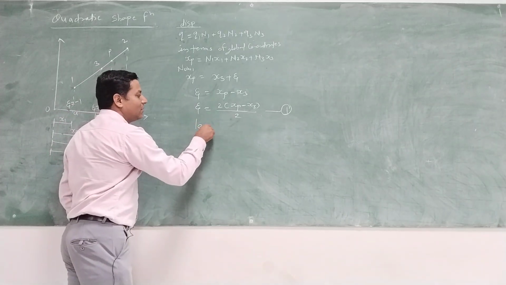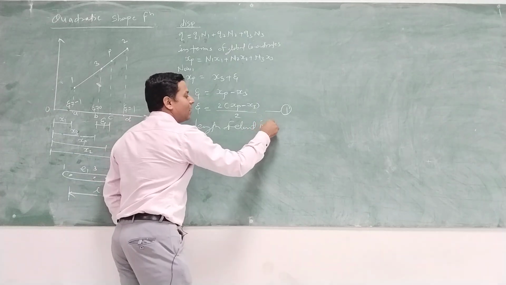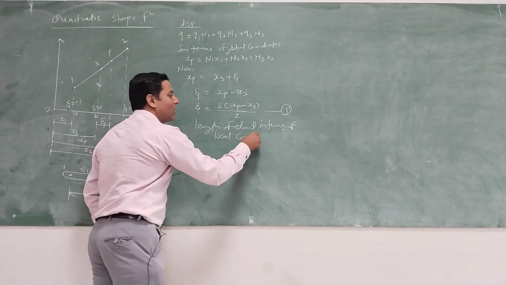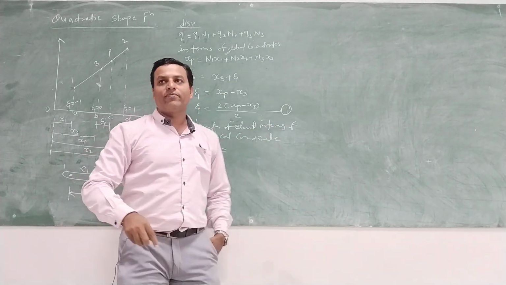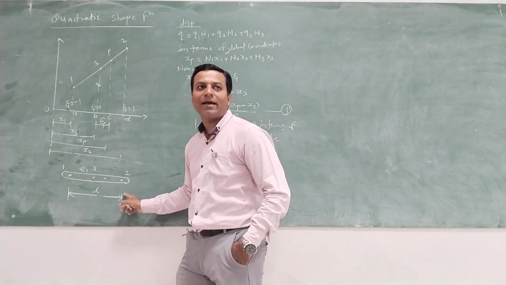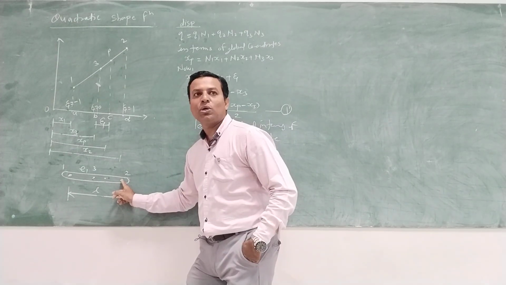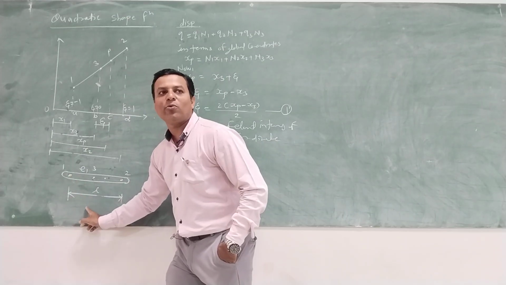The length of the element in terms of local coordinate will be zeta 2 minus zeta 1. It will provide the length.